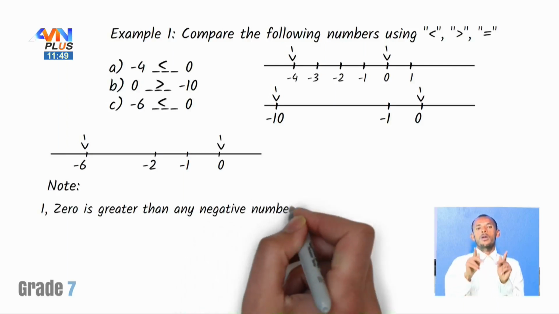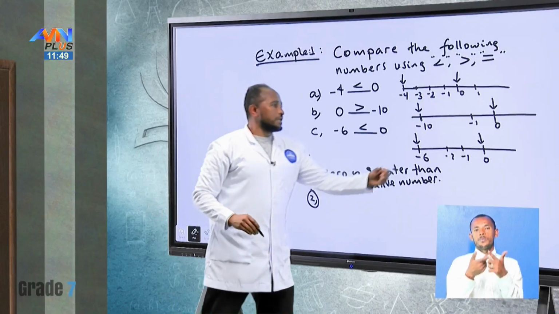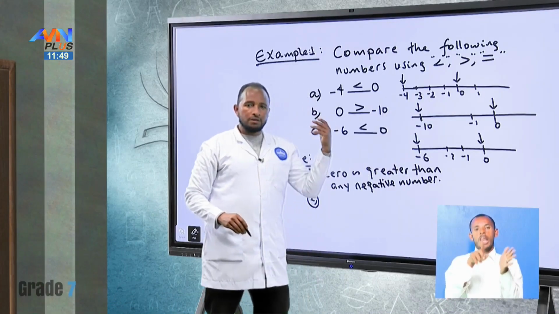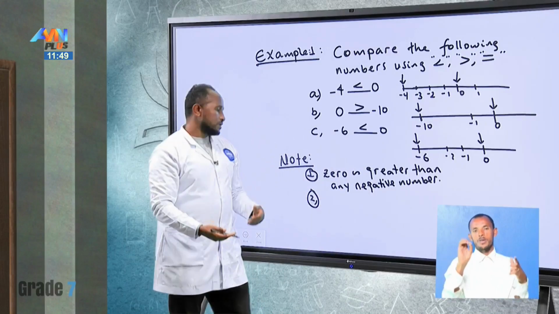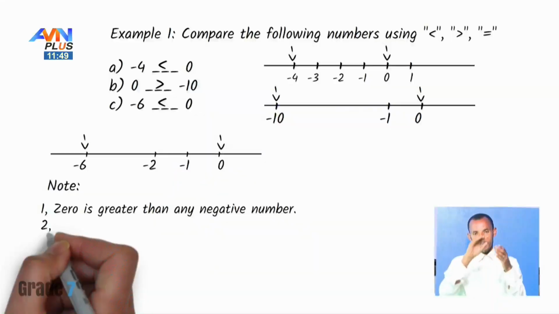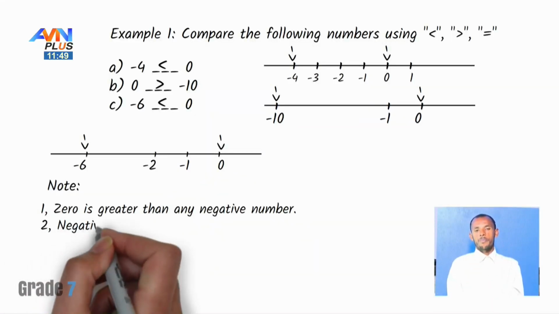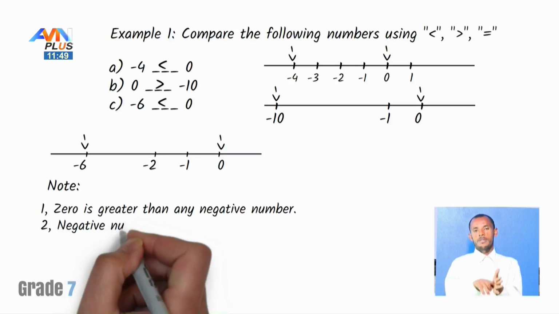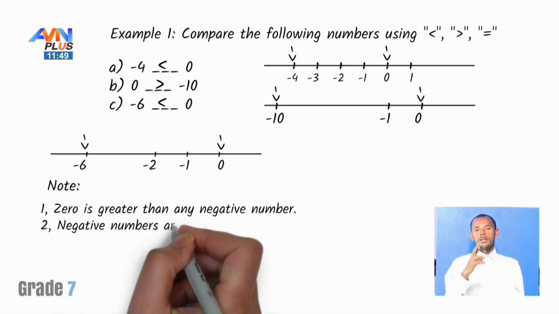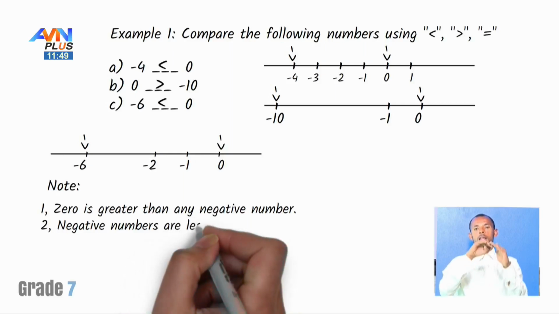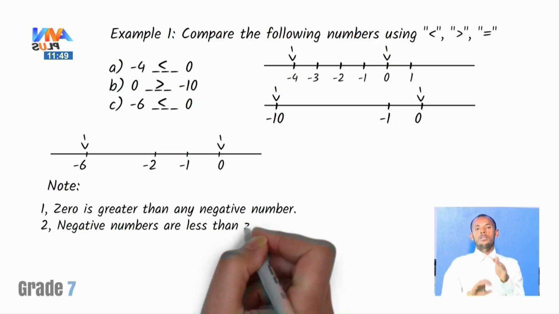Again, as you can see, negative numbers are to the left of 0. Negative numbers are smaller than 0. Therefore, negative numbers are less than 0.